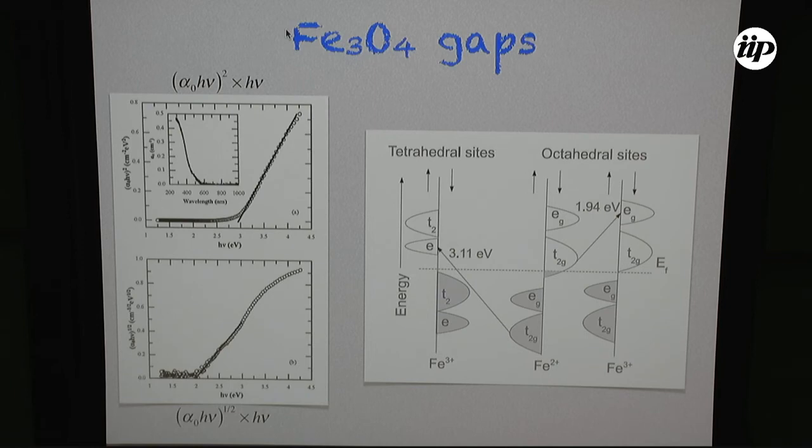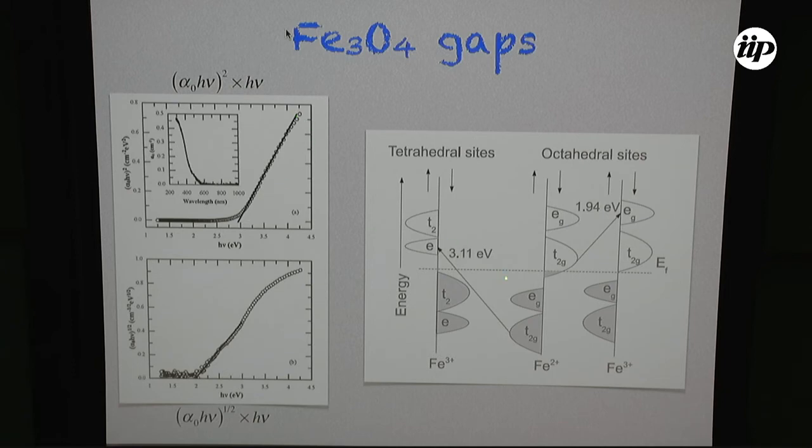So with these absorption curves, we can make this type of plot where you have the absorption, h, Planck constant, times the frequency of the beam, as a function of the energy of the photon. So you can have an idea about the band gaps of magnetite.